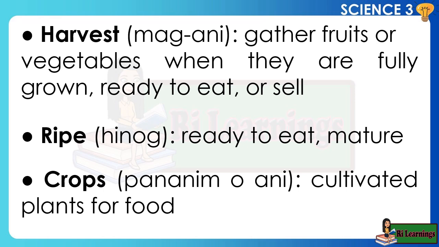Harvest, gather fruits or vegetables when they are fully grown, ready to eat or sell. Ripe, ready to eat, mature. Crops, cultivated plants for food.